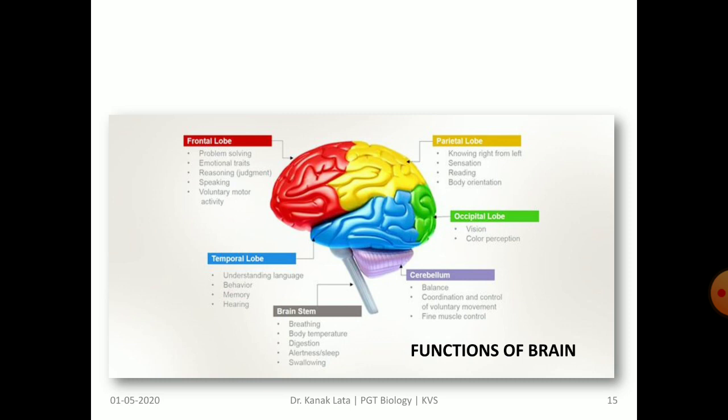Parietal lobe of brain helps in knowing right from left, sensation, reading and body orientation. Occipital lobe helps in vision and color perception. Cerebellum is responsible for balance, control and coordination of voluntary movement. Brain stem is for breathing, body temperature, digestion, alertness, sleep and swallowing.